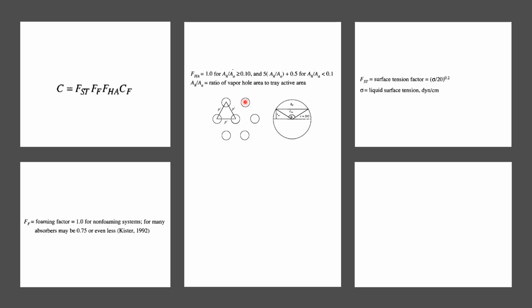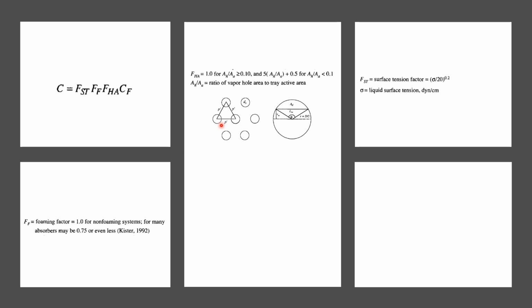This is the most common one, and the diameter of a single hole will be equal to d naught, and the distance between the centers of two adjacent holes will be p prime, which is called the pitch value.